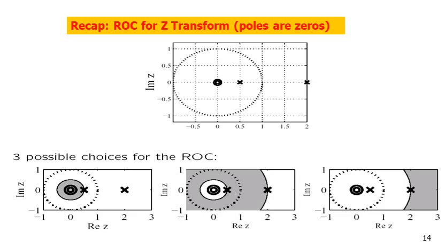And depending upon the different types of ROCs, as can be seen from the last three figures in this slide, the actual time domain function would be different, which is something interesting that we need to remember.